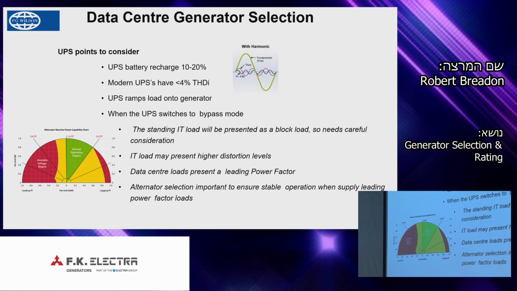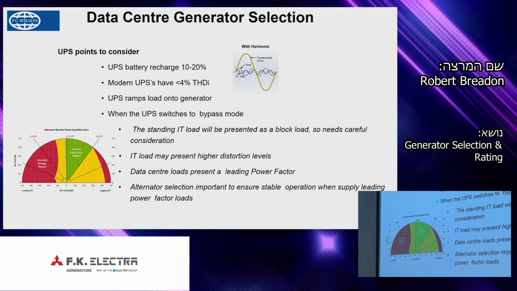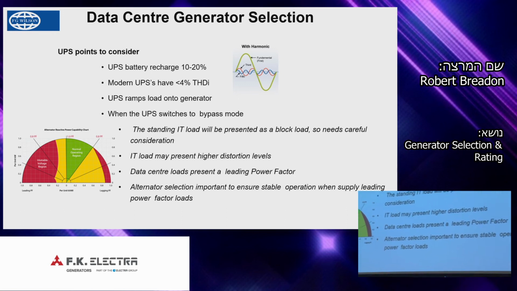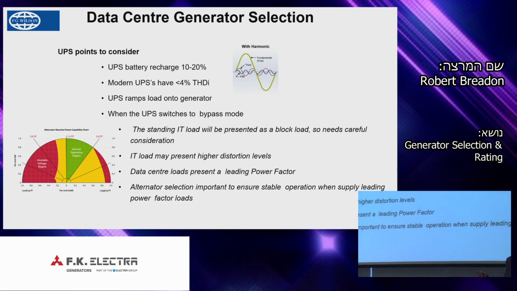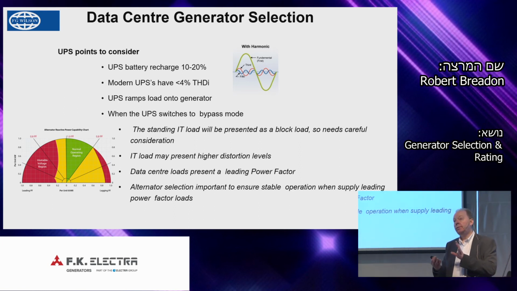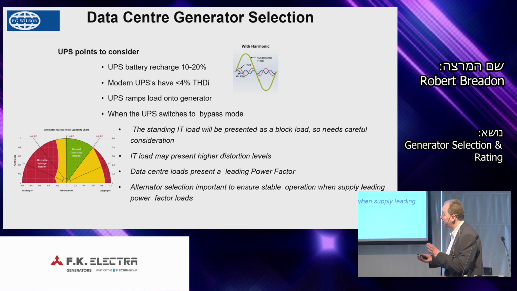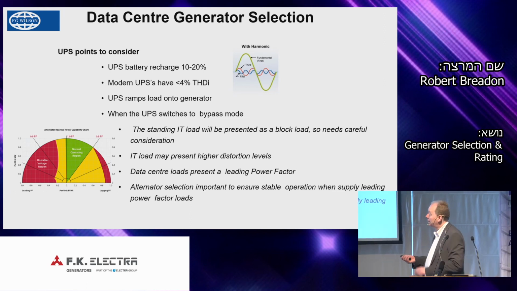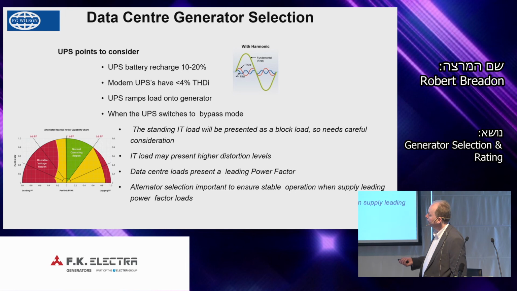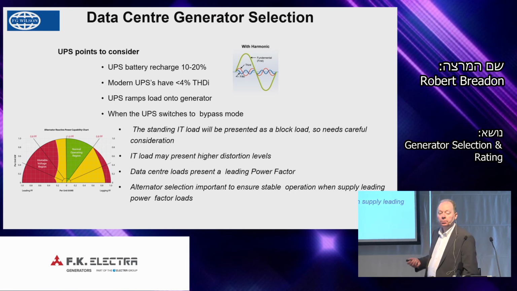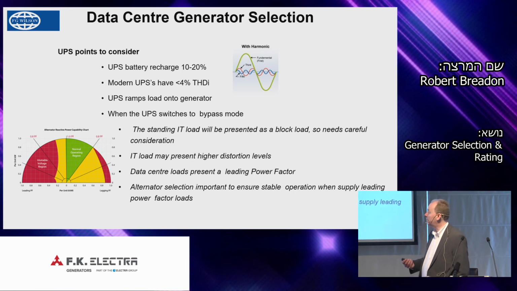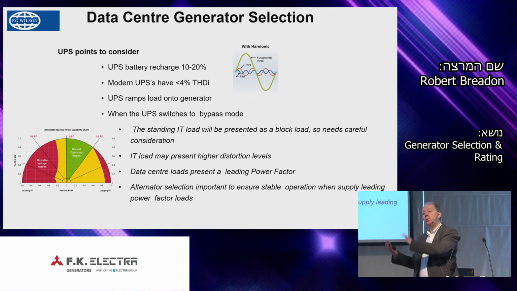It can operate at leading power factor to some degree, but again, we need to select the machine very carefully, especially if we know a lot of bypassed server load could be placed on this genset, because if we get into this red area, we can have all sorts of problems, voltage instability.